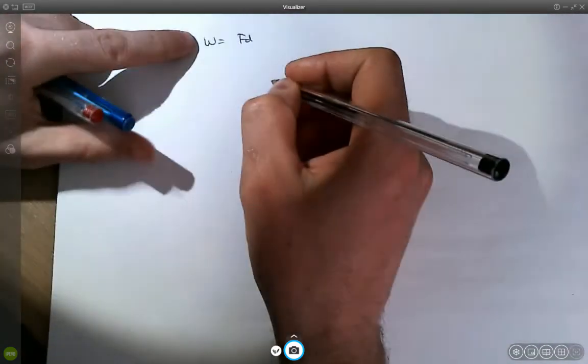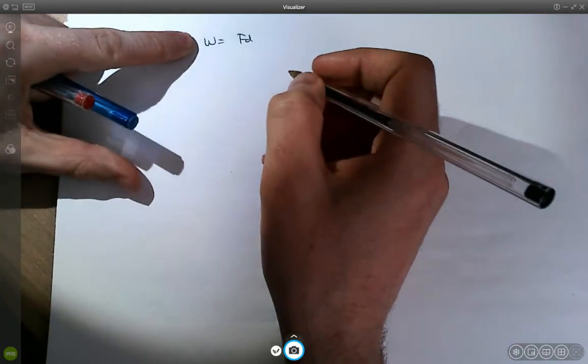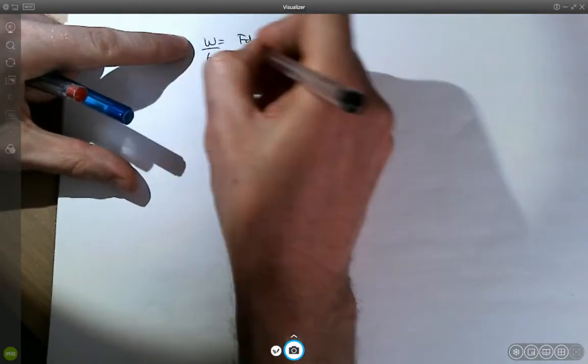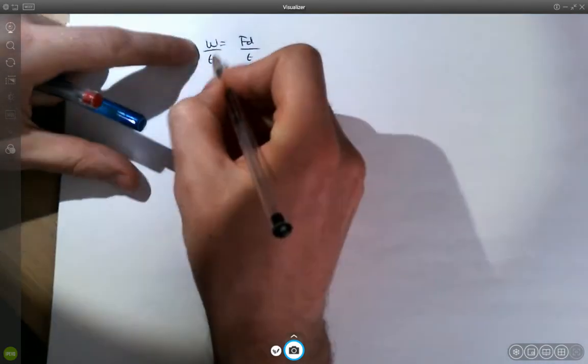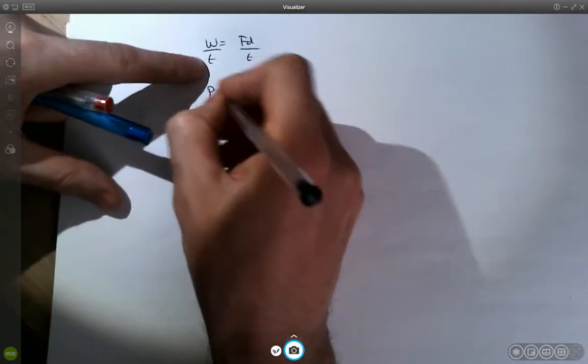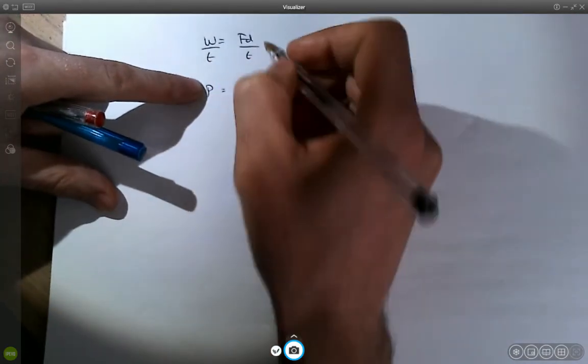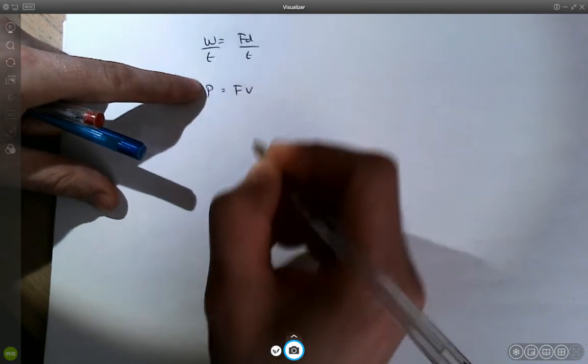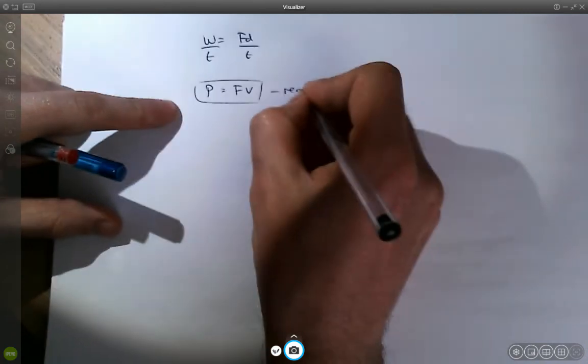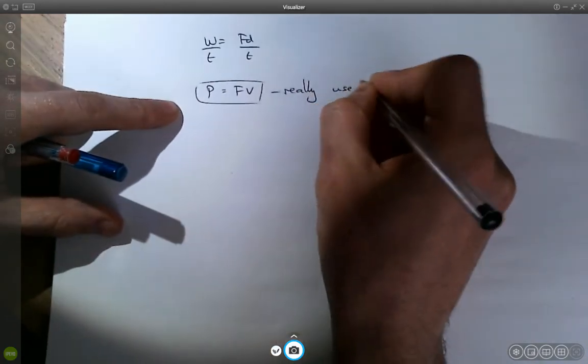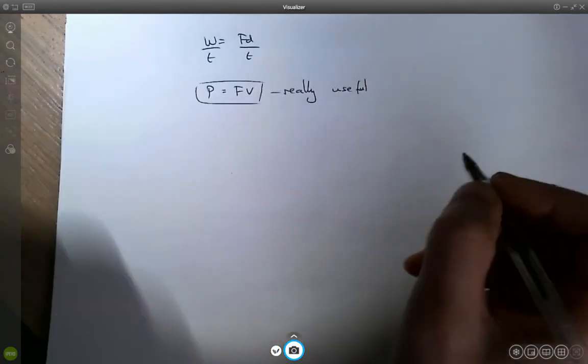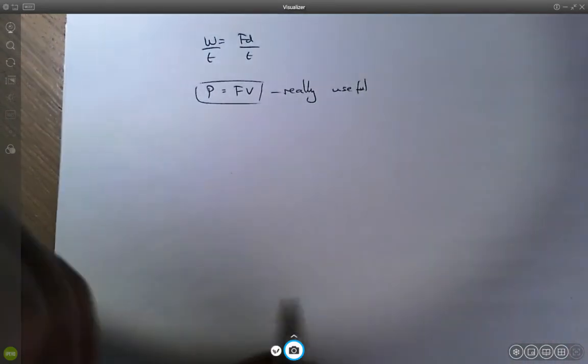If we start with work done is force times distance, and then what happens if we divide both sides by time? Well, work done over time, energy over time, is power. Distance over time is velocity. Power is force times velocity. This is really useful in physics for certain situations, and it's also really useful in exam questions as well.